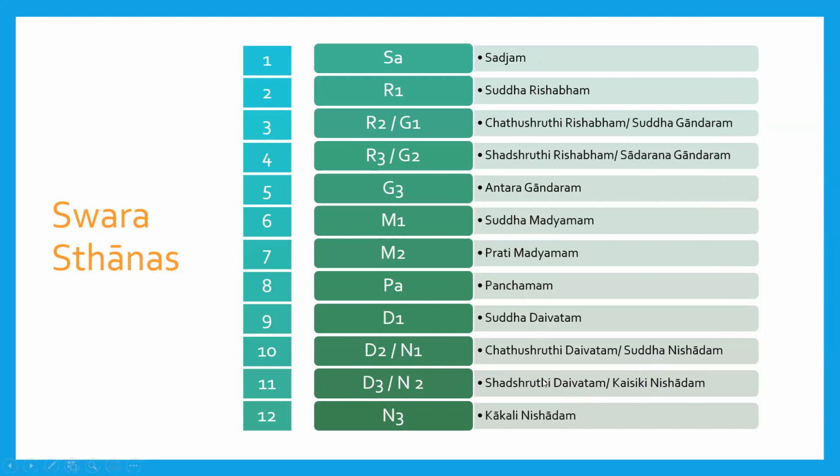Shatshruti Daivatam shares space with Kaisiki Nishadam, and Ni 3 is called Kakali Nishadam. So there is a Shuddha Nishadam, Kaisiki Nishadam, and Kakali Nishadam.